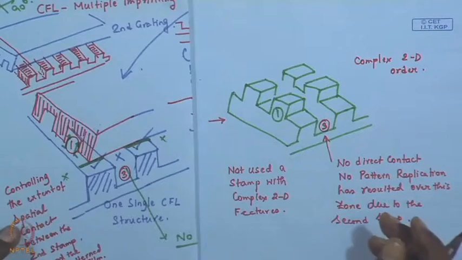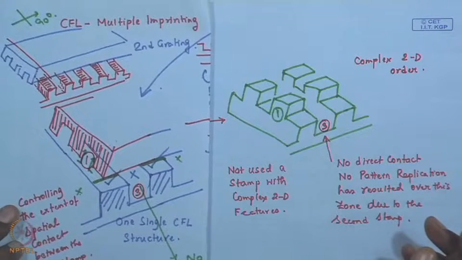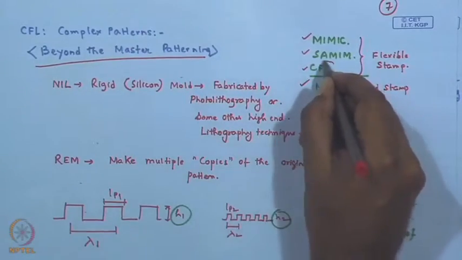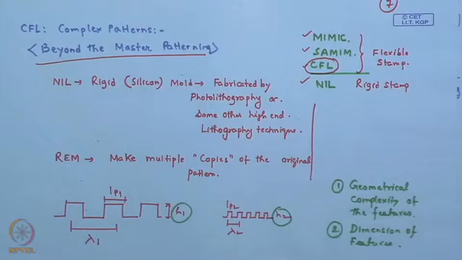So, this is an example by which you can use CFL or other methods also, but CFL is very simple to handle in this way, because if you compare it with the other methods, in CFL you are not bringing in any solvent. The same thing can also be done with nano imprint lithography. You can perform a second embossing after an already existing structure, and that has also been done.